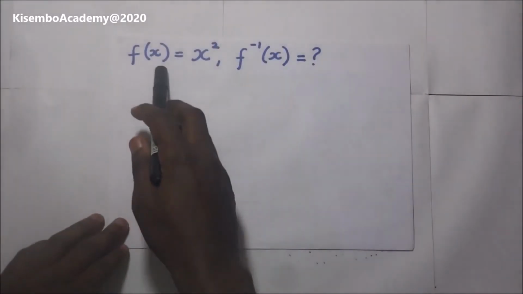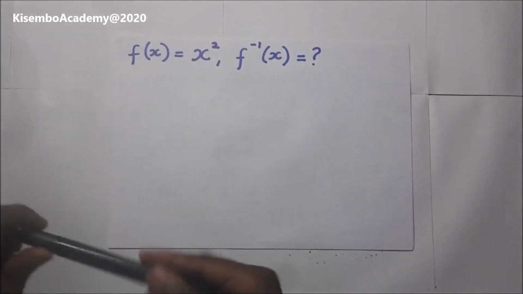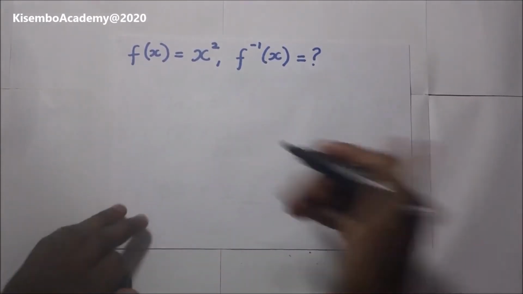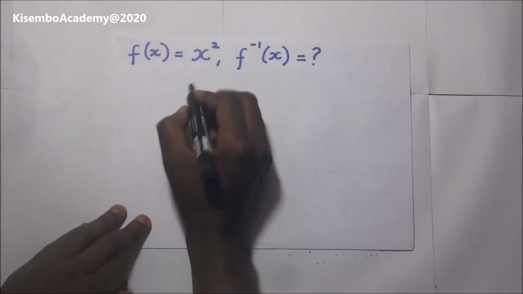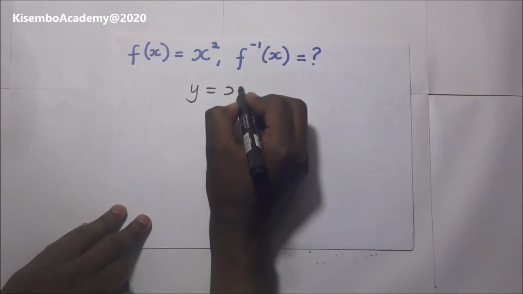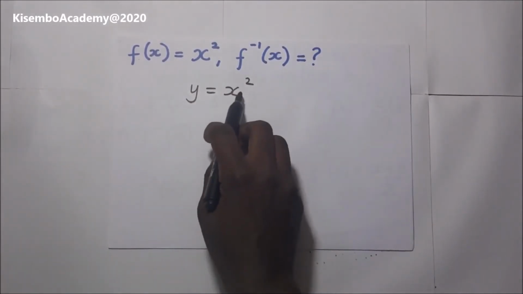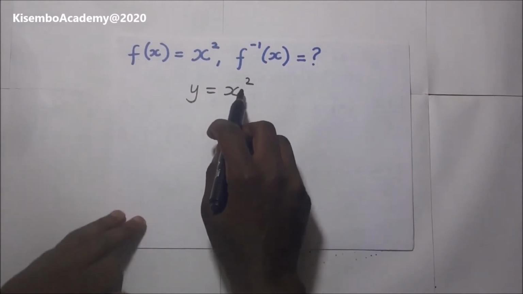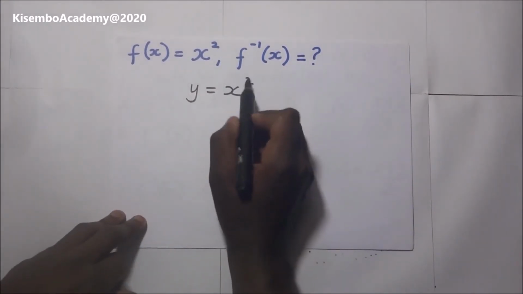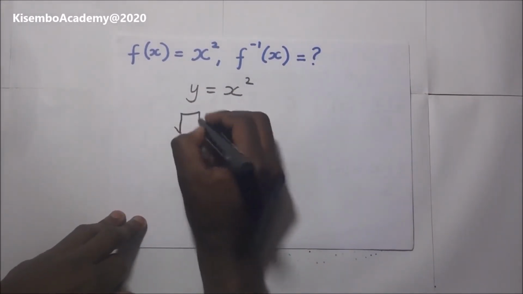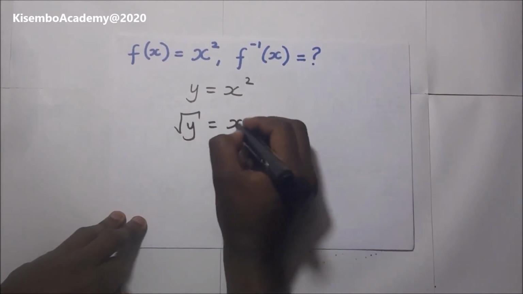We have this one too. We have f of x equal to x squared. What is the inverse? Again, let's call this y. y is going to be equal to x squared. Our task is to make x the subject of the formula. Making x the subject, we eliminate this square. It becomes the square root of y equal to x.